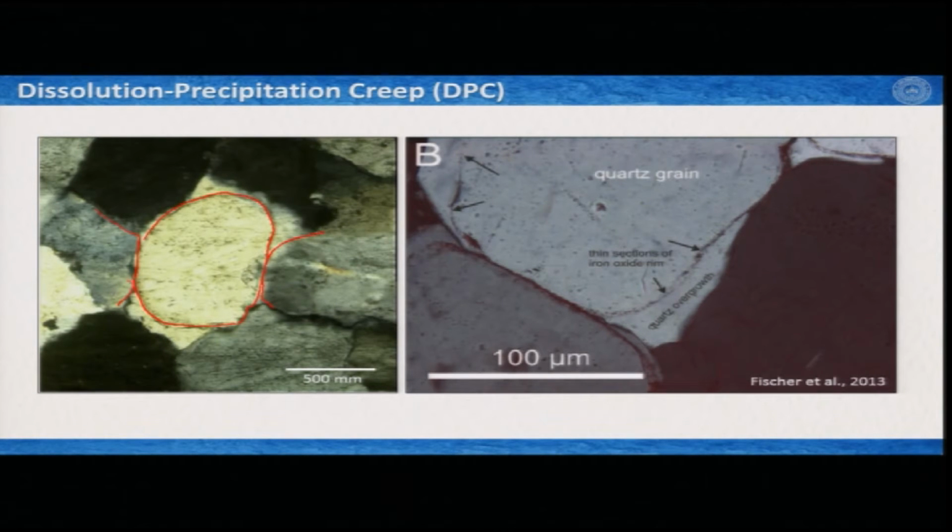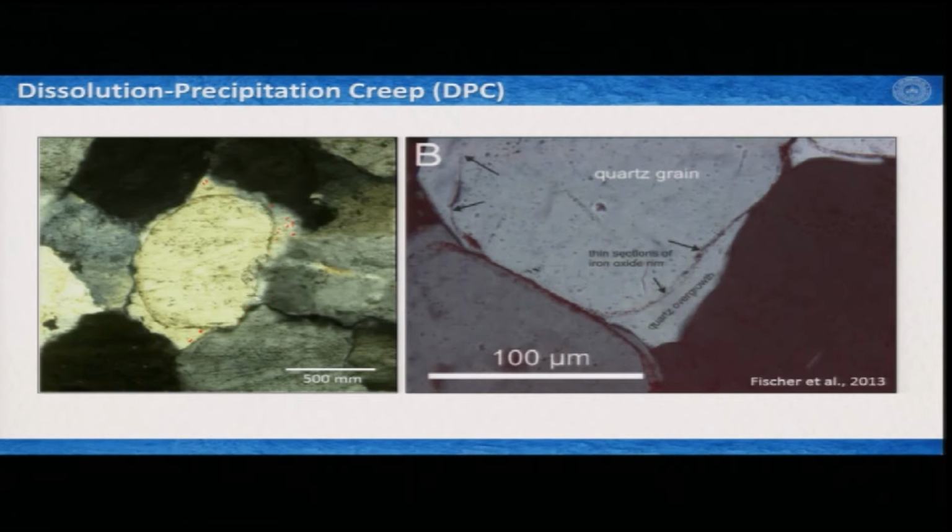So, this part of this grain got dissolved, and then the dissolved material got deposited in this region. This is known as overgrowth of quartz.